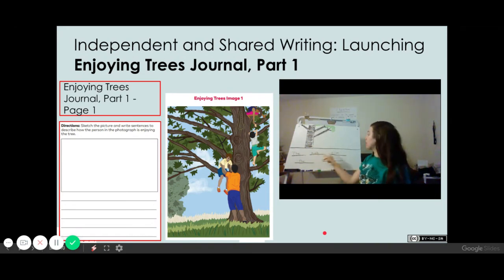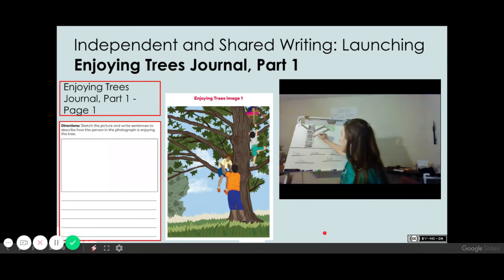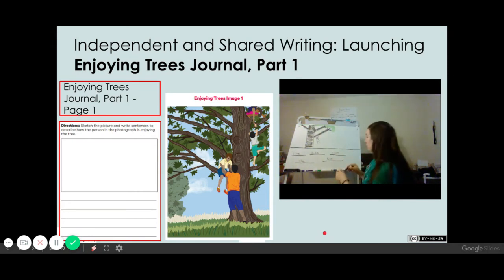Now I need to show the kids climbing on the tree. So let's draw somebody climbing up on the tree. Oh, there's a girl.